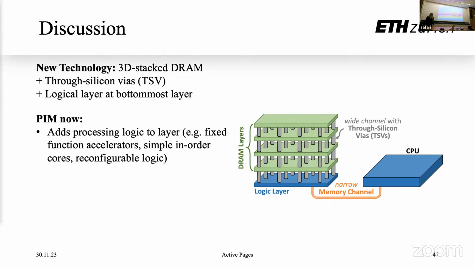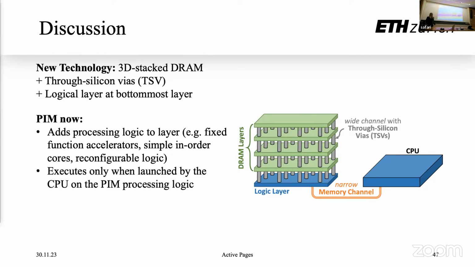The processing logic introduced to this layer can vary from fixed function accelerators to simple in-order cores or reconfigurable logic. However, it needs to be said that highly sophisticated processors cannot be integrated into the logic layer, due to the limitations of manufacturing technologies.